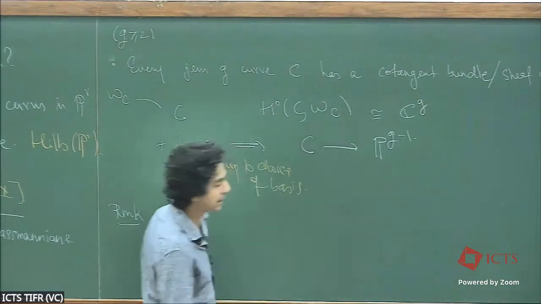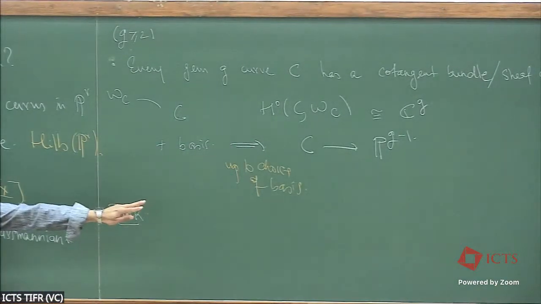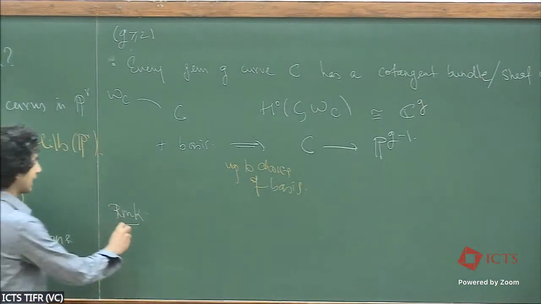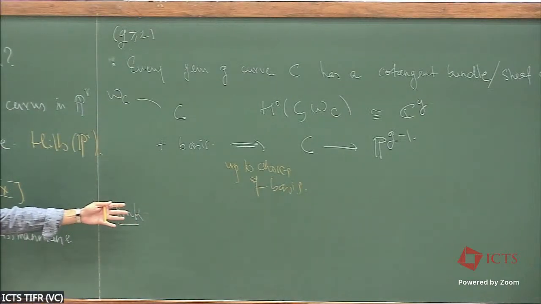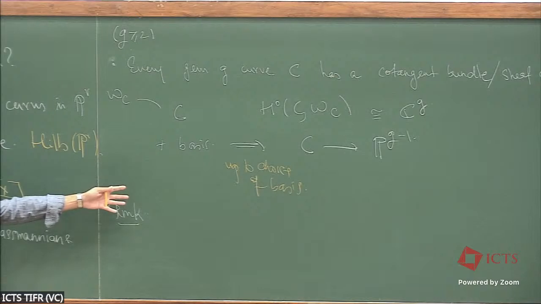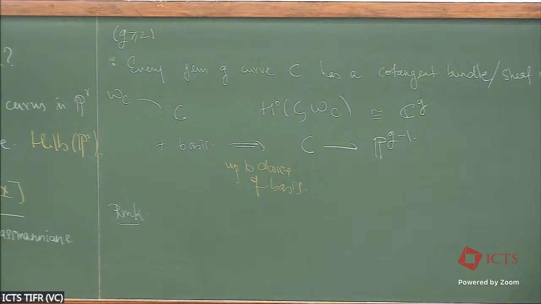Once you have an interesting map to projective space, you should ask yourself, maybe, is it an embedding? That's the first question you should ask. And this is not always an embedding. So does someone want to venture out? When is this an embedding, or when does it fail? When does the canonical map fail to be an embedding?